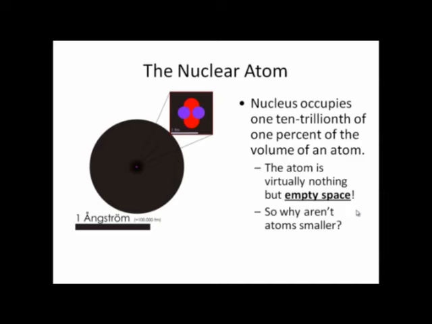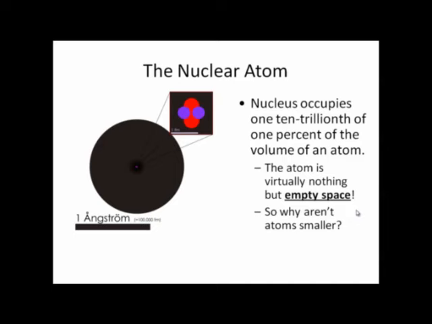The nucleus only occupies about 1/10 trillionth of a percent of the volume of an atom. We say an atom is about an angstrom across, but the nucleus is only about a femtometer across. So what we call the atom seems to be virtually nothing but empty space.